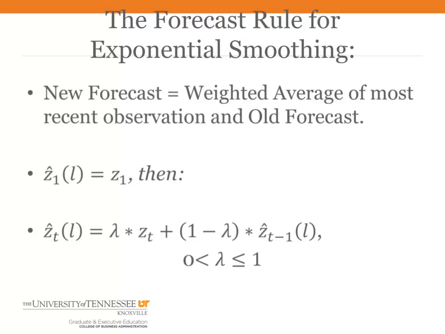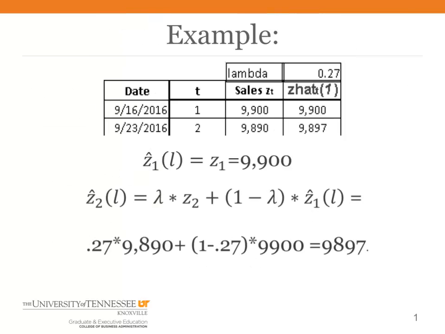The only thing I want you to remember about the formula is that it uses some fraction which we denote by the Greek letter lambda. And lambda is the weight that we're going to place on the current week's observation. And 1 minus lambda is the weight that we will place on the old forecast. That weighted average is our new forecast.